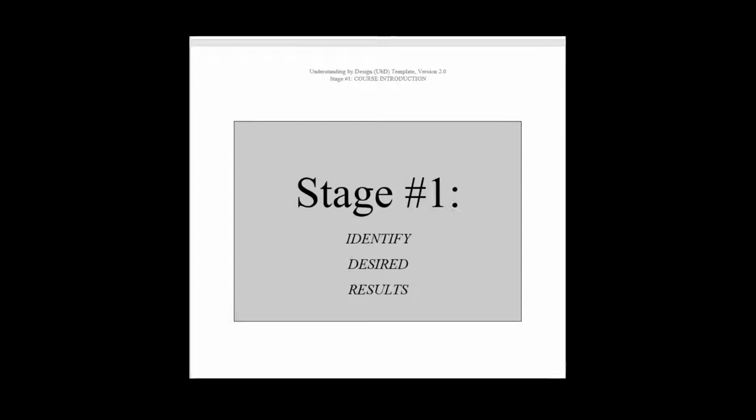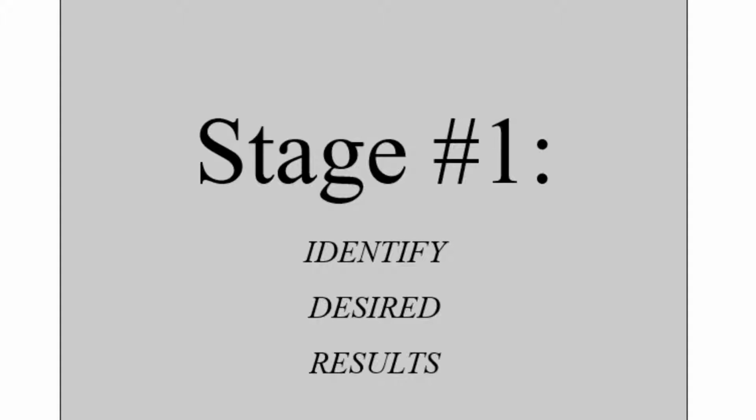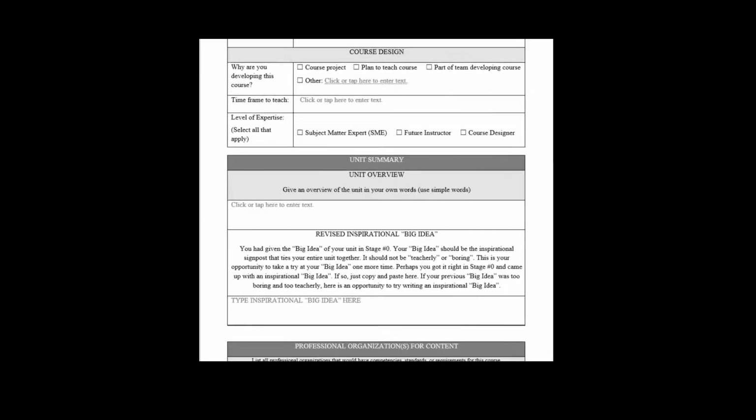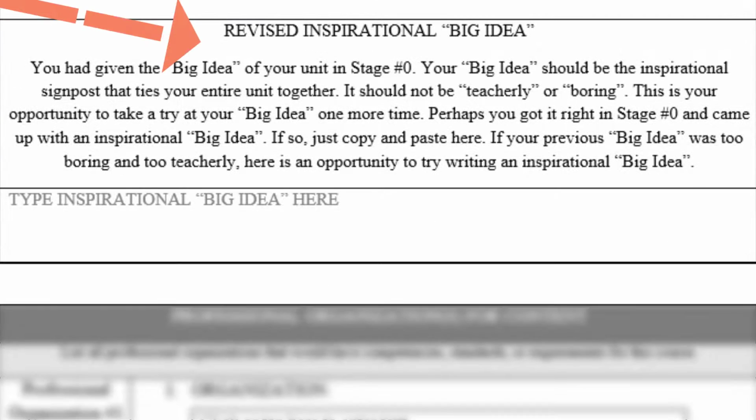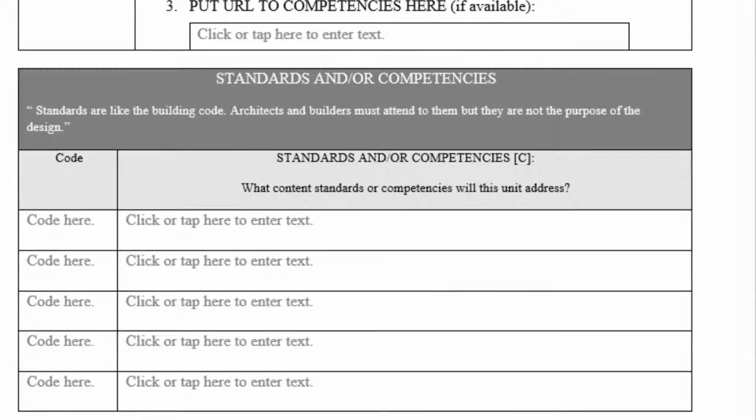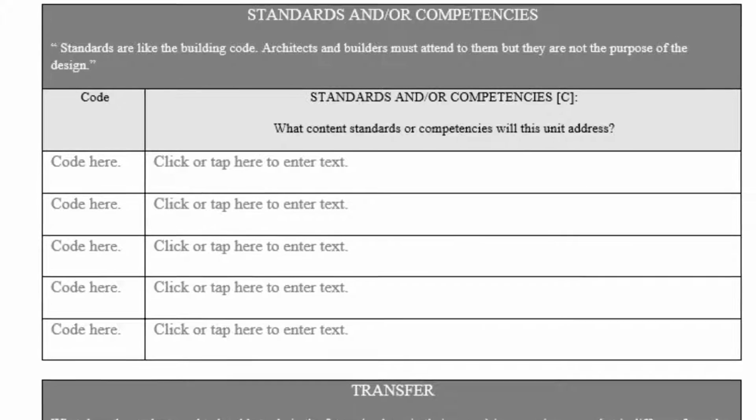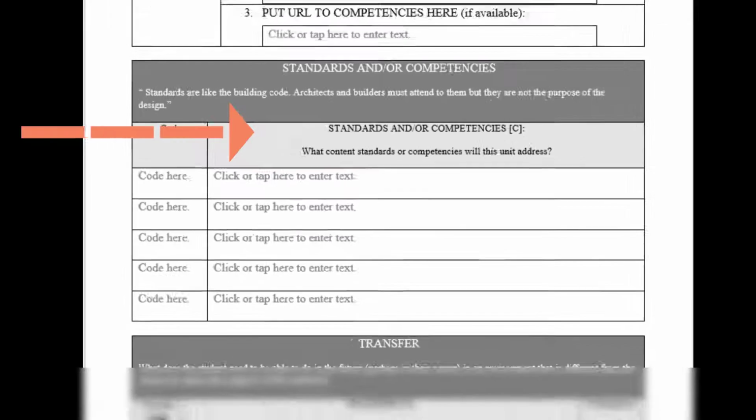If you remember, during Stage 1 of the Understanding by Design template, we talked about identifying desired results. So we talked about the course and unit, what it was that the unit needed to cover, what the big idea of the unit was. We talked about the standards and competencies and where we got those from.